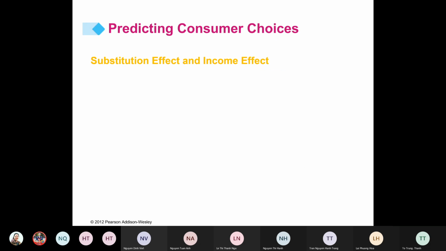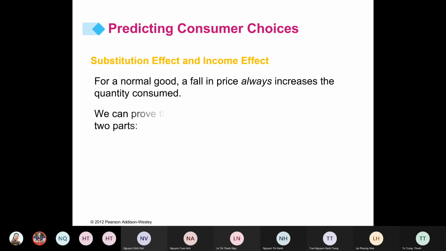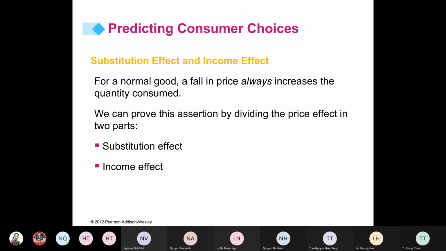Okay, now the last part of the lecture is we just studied the price effect and income effect. But now what we do is to separate in more detail the price effect into the substitution effect and the income effect.